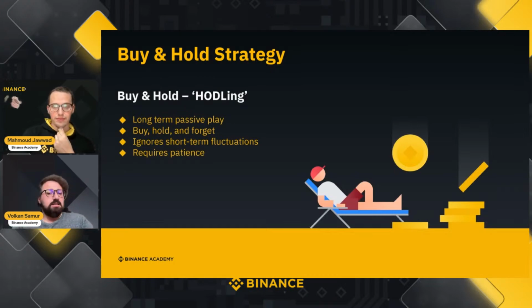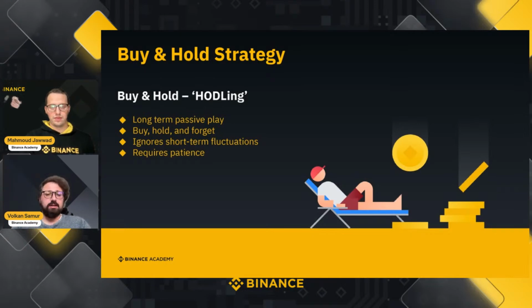It's a long-term passive play where you purchase an asset and leave it alone regardless of the market conditions. This strategy is known in the crypto sphere as hodling. I think we are all familiar with it. Investors can buy and hold a coin or token for years instead of actively trading.